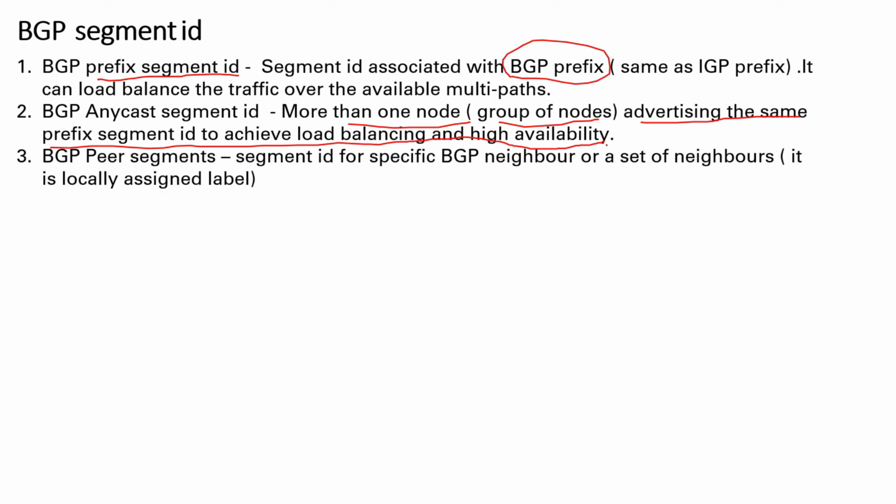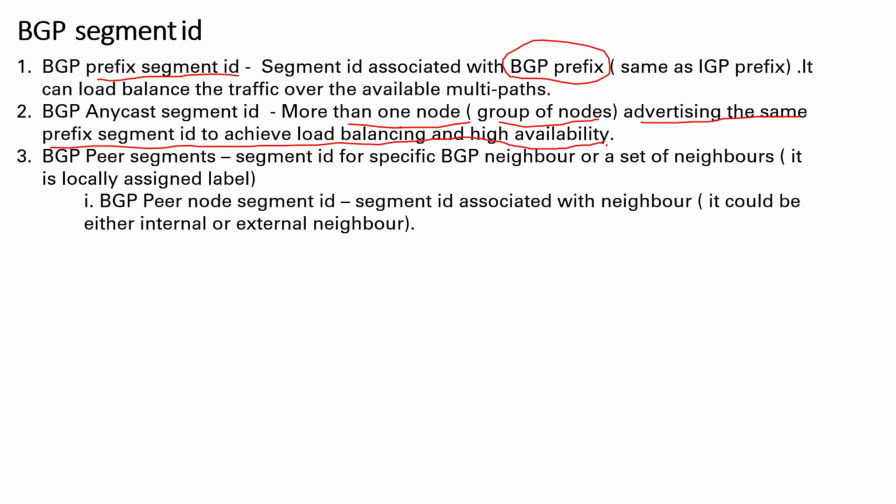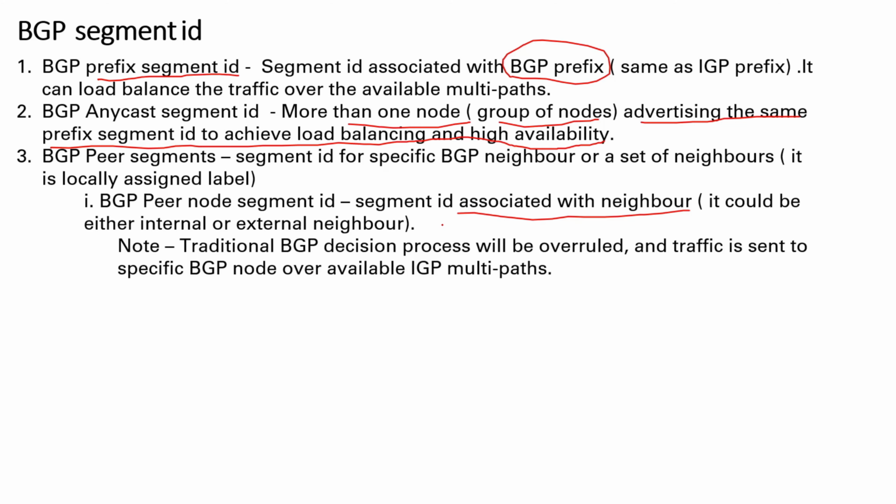BGP peering segment. This is for specific BGP neighbors. Under this one we have multiple segment IDs. One is the BGP peer node SID, associated with a particular BGP neighbor, which could be either external or internal.